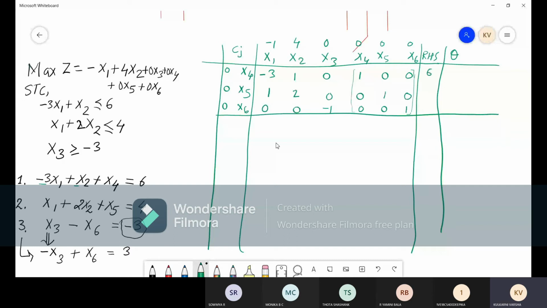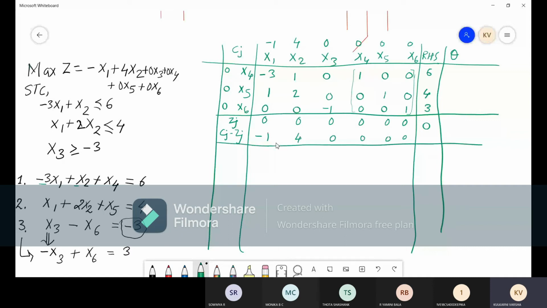The RHS are 6, 4 and 3. Now calculating Zj quickly, it will be 0, and in the first iteration, Z value will be 0. Now calculating Cj minus Zj: minus 1 minus 0, it will be minus 1; 4 minus 0, 4; 0, 0, 0, 0. So we got the first iteration complete.